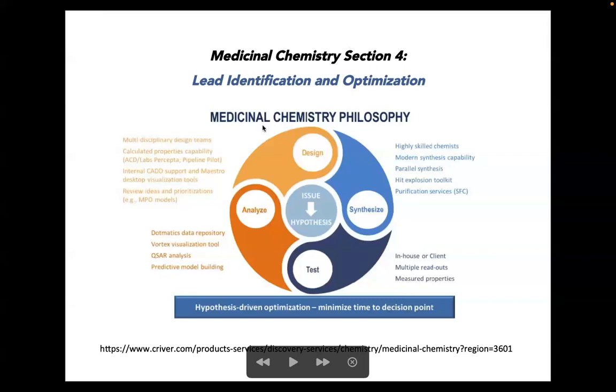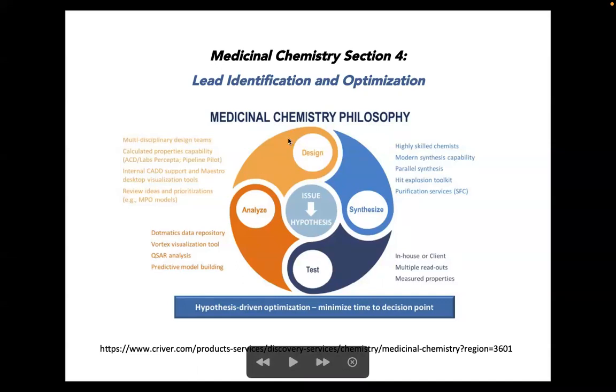Okay. Yeah, so we're going to talk a little bit about today. We're just going to introduce a little bit of information having to do with lead identification and optimization. You see this introductory pinwheel here that talks about each of the components affiliated with identifying an issue and then creating a hypothesis for addressing that issue.